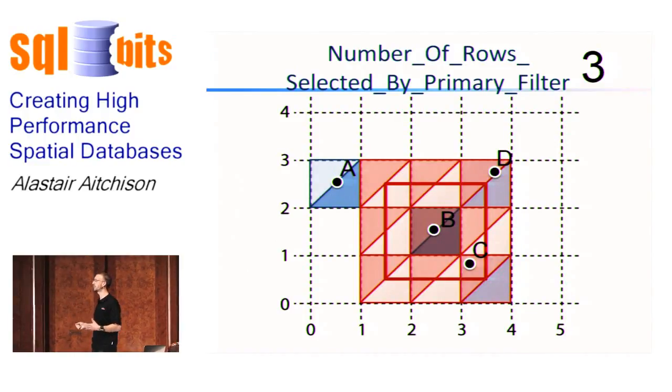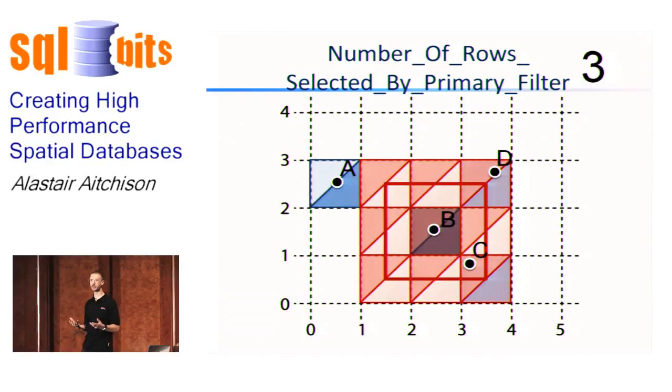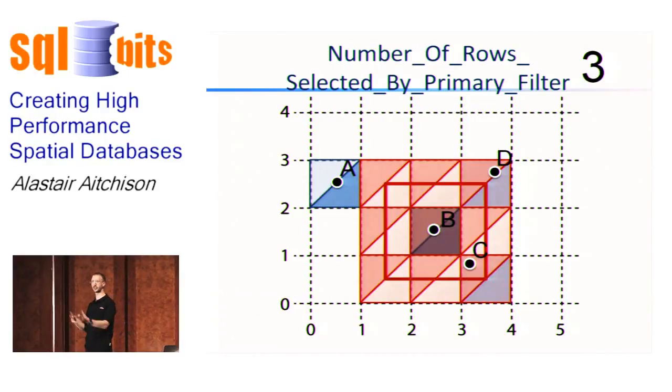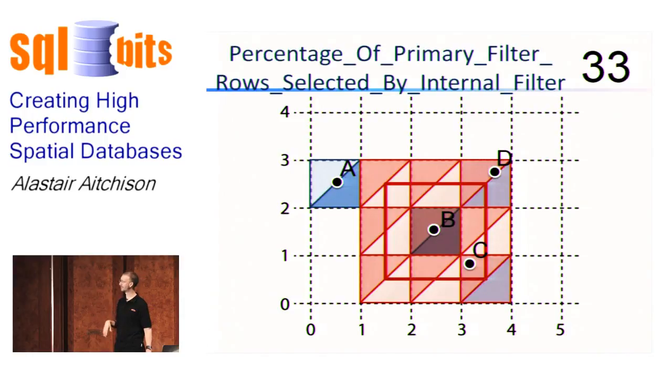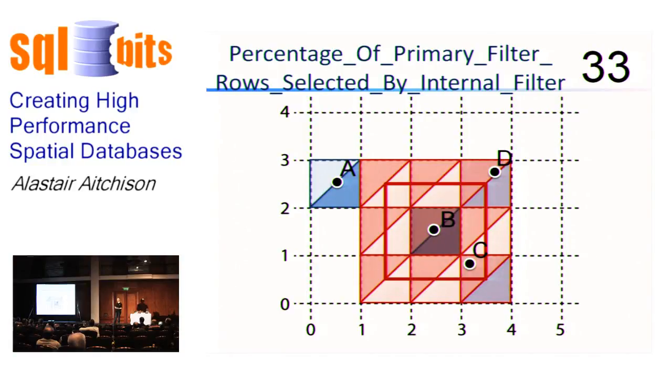Now, at this point, you might think, okay, so we've got the other 3 rows. All of those have to be passed from the primary filter to the secondary filter. But actually, we can do a little bit better than that. Point B partially intersects a cell that was totally covered by the red polygon. Now, in that circumstance, we know that point B itself must lie within the red polygon.